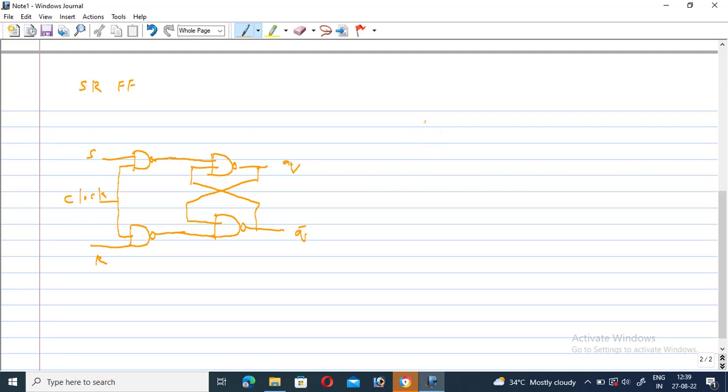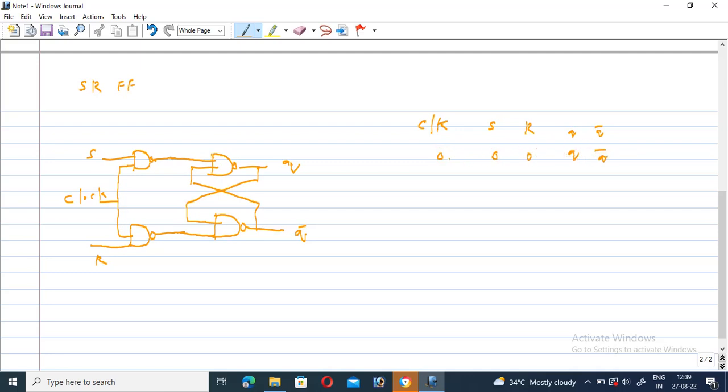In the case of the SR flip-flop, the clock signal is enabled. Consider S, R and Q bar when the clock is 0: with S and R at 0 0, it maintains the previous value.